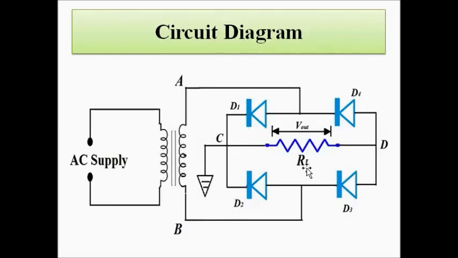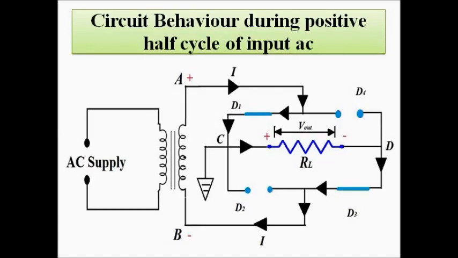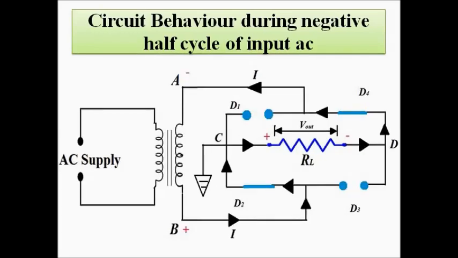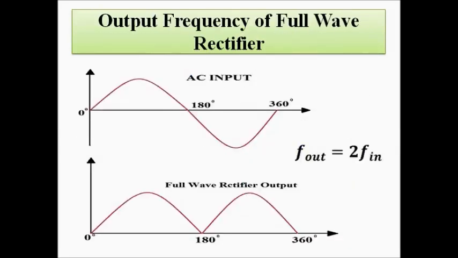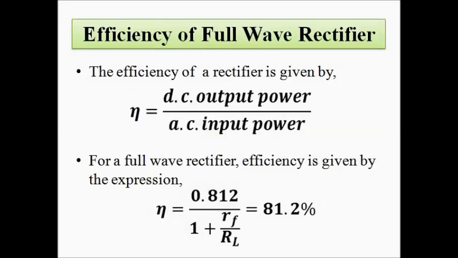We discussed the circuit diagram, the circuit arrangement, why it is called a bridge type rectifier, because of the special arrangement of diodes which look like a bridge of sorts, and we have discussed the circuit behavior during the positive and the negative half cycle. Also, we have discussed the input and output waveforms and the frequencies and the efficiency of the full wave bridge type rectifier.